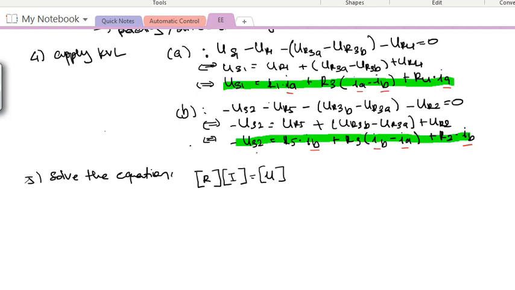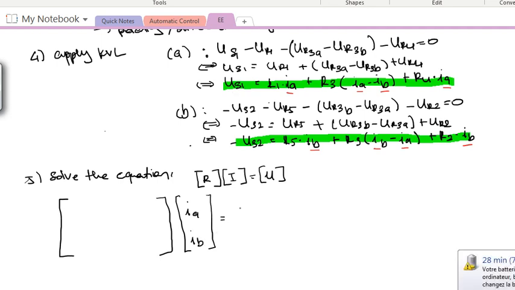So for our system, you'll have a square matrix of the resistances multiplied by a column matrix of the currents. The currents are the unknown parameters that we're looking for, IA and IB, and that will be equal to the voltages that we put on the other side, which were US1 and minus US2, if you go back to that equation, right?